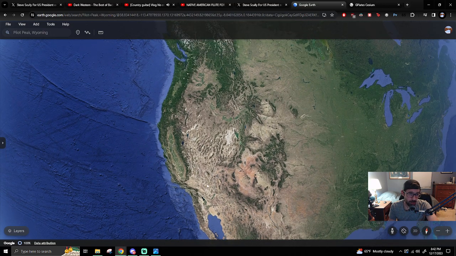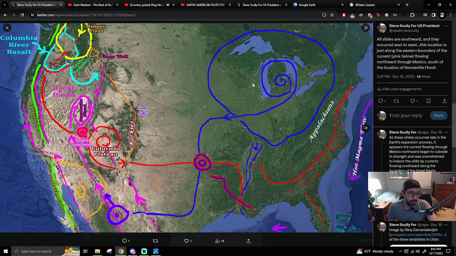Certainly there's changes to the terrain while this is happening in terms of extension and motion along like the San Andreas. But so they all go southward and east to west.